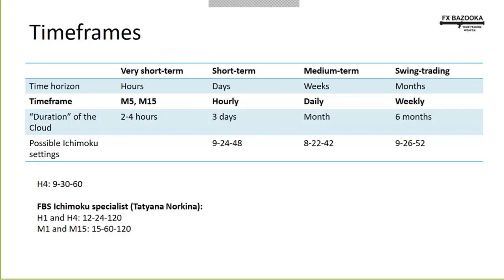In addition, it is wise to have a look at the Ichimoku indicator on different time frames for one trade, because, well, multi-time frame analysis is always best. It always gives us some filters to filter out some bad signals.